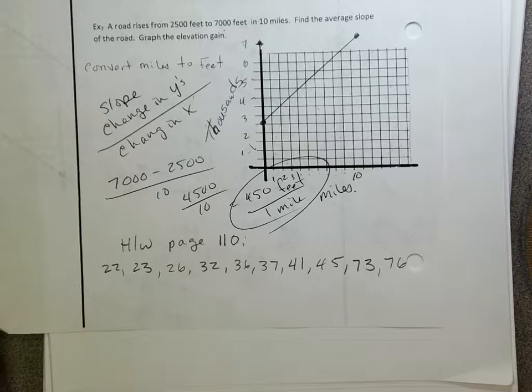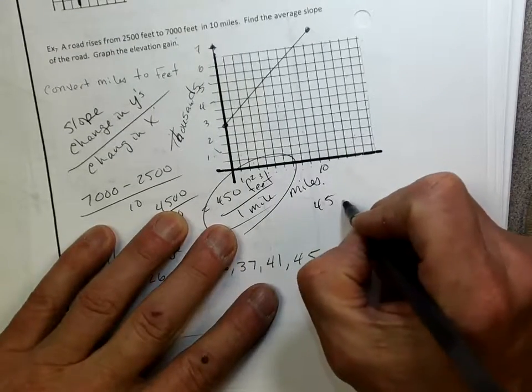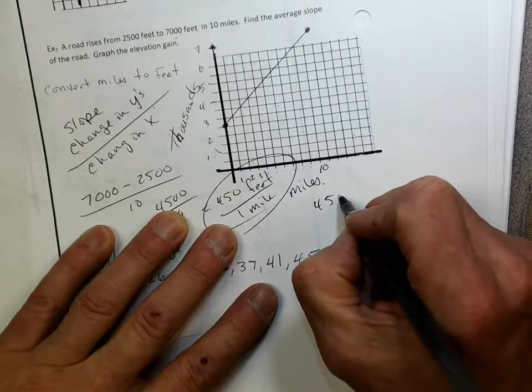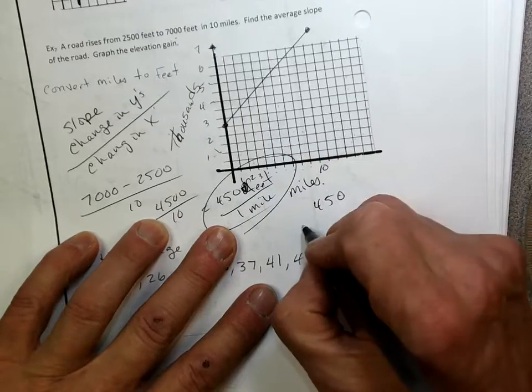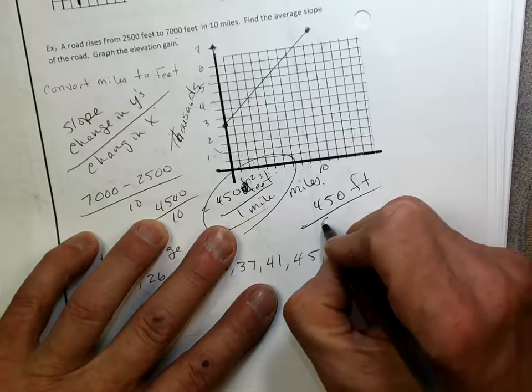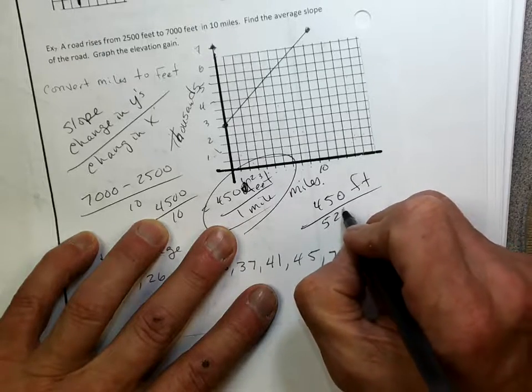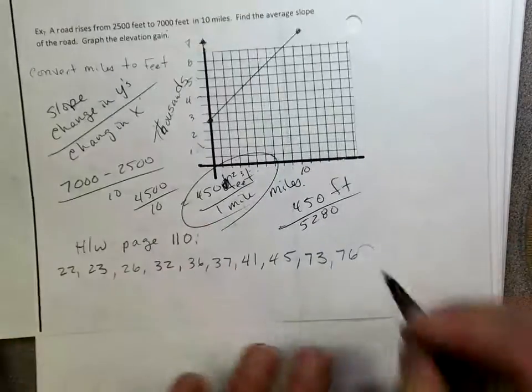But what if you want to know it in terms of feet, right? Well, how many feet are there in a mile? Anybody know besides me? 5,280. Nice. So it's 450 feet in 5,280 feet, right?